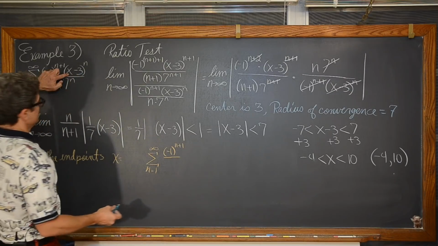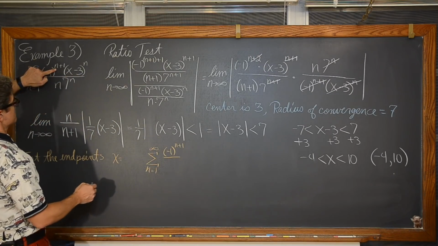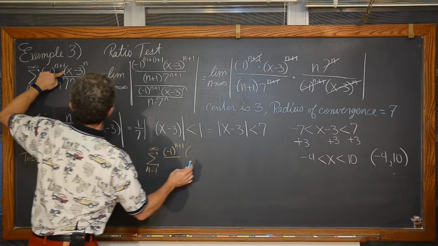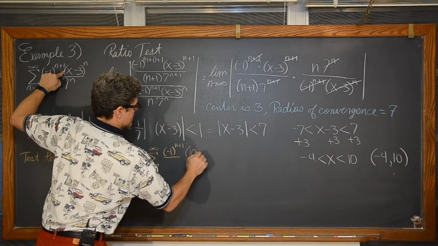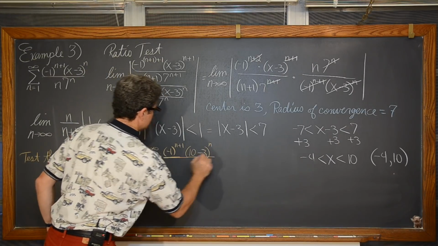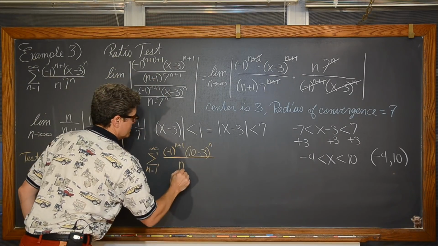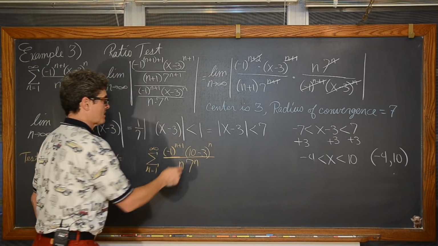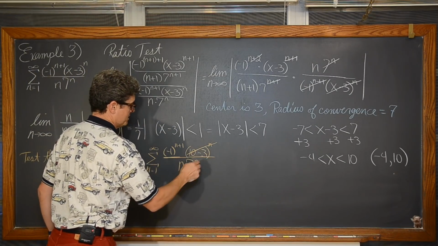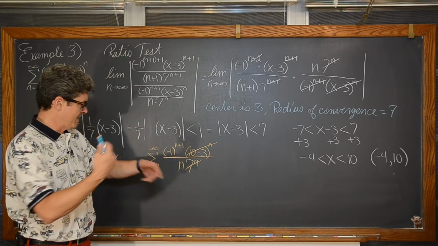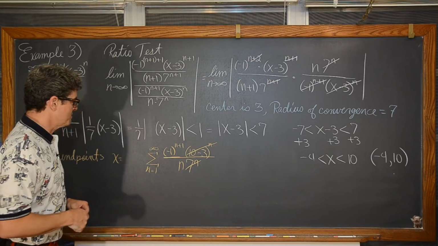We have negative 1 to the n plus 1 times 10 minus 3 to the n power over n times 7 to the n. Well, of course, 10 minus 3 is 7, and our 7 to the n power over 7 to the nth power is equal to 1.